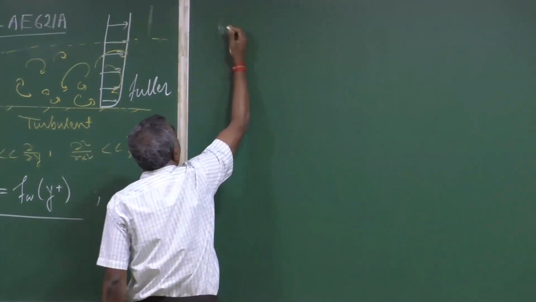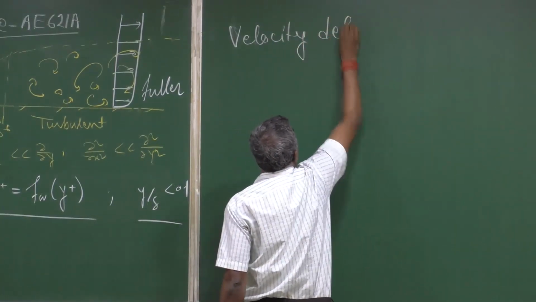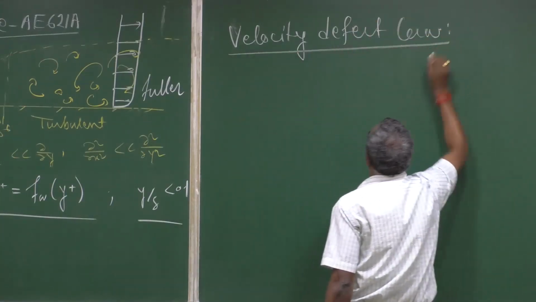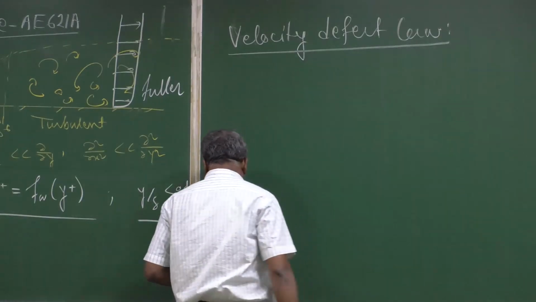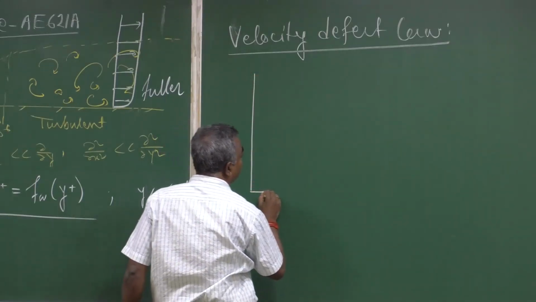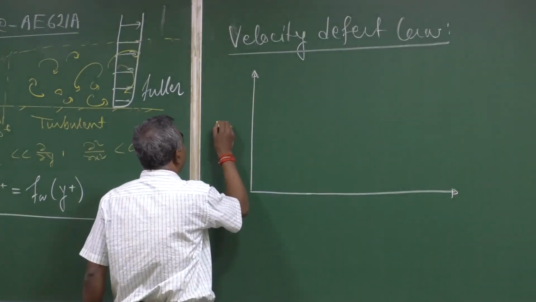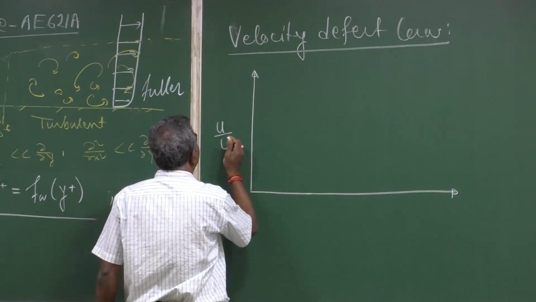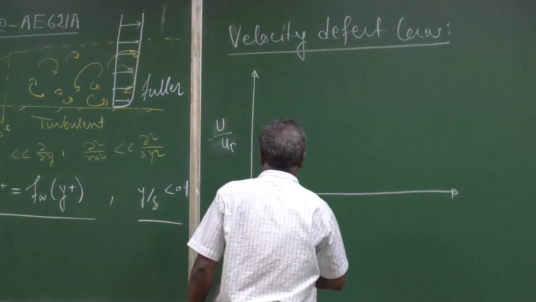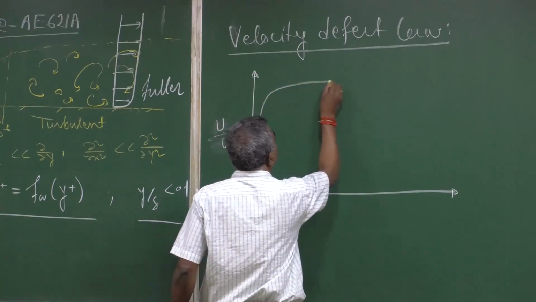So, the velocity defect law, okay. If you plot your velocity in terms of u plus, that is the mean velocity u divided by u tau, versus y by delta, okay, and if you plot this, then it is going to come something like this, okay.